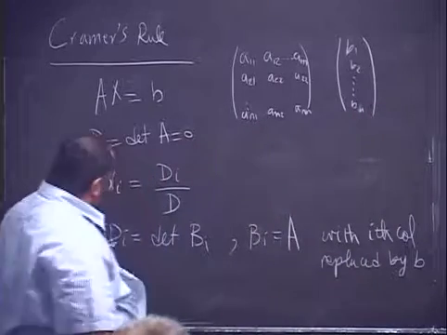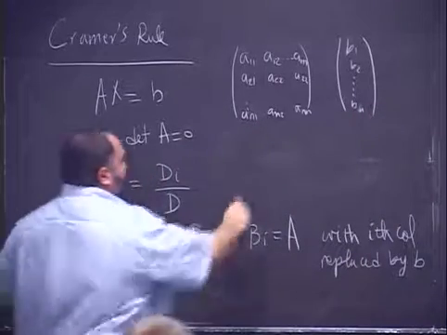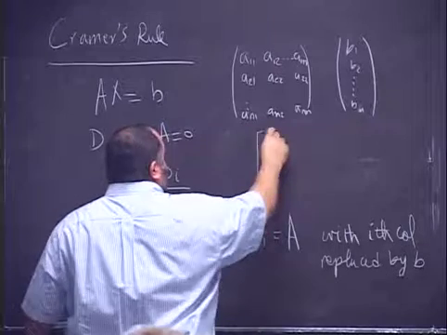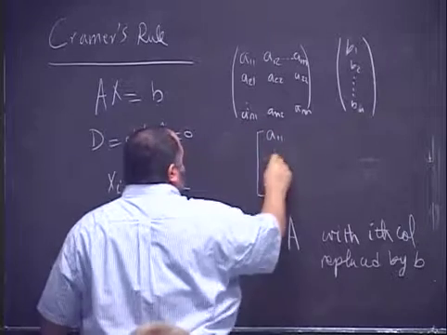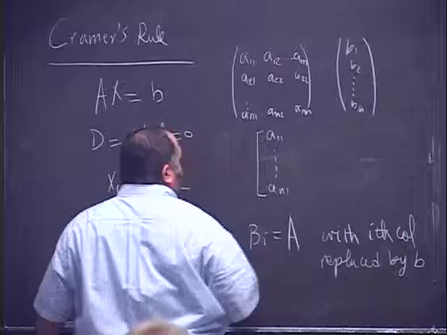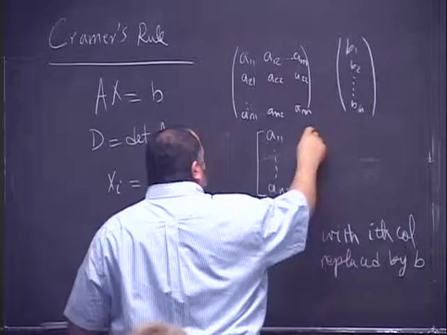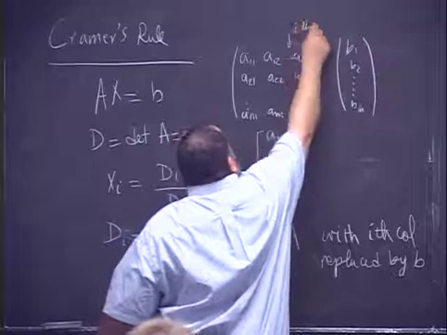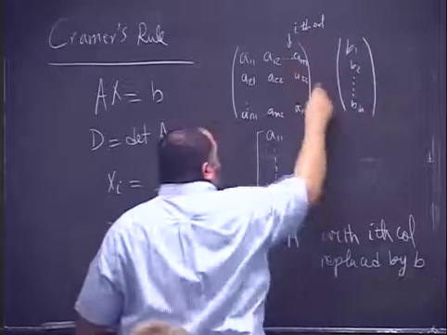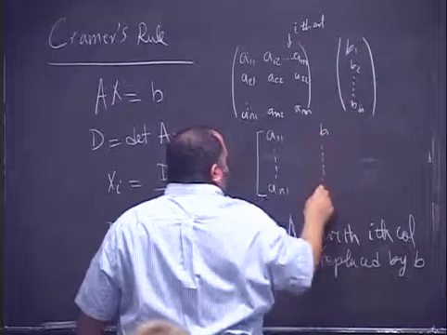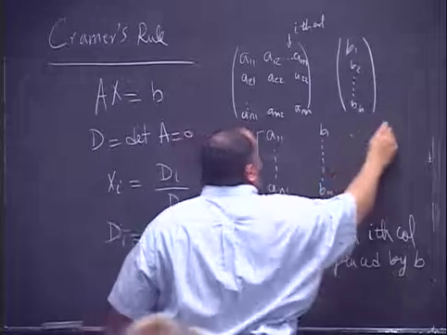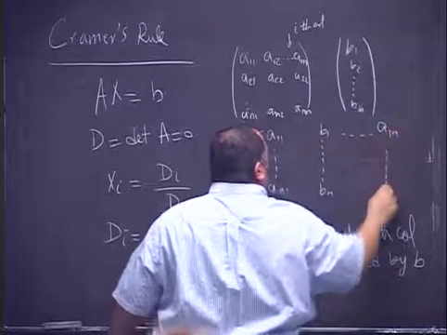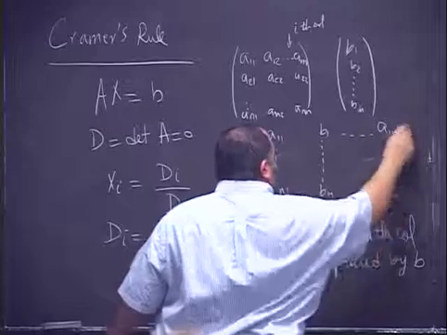So the determinant Di will be just A11 up to AN1, and this is the ith column, so you will take the ith column here and replace it by B1 up to Bn, and this is A1n up to ANN.